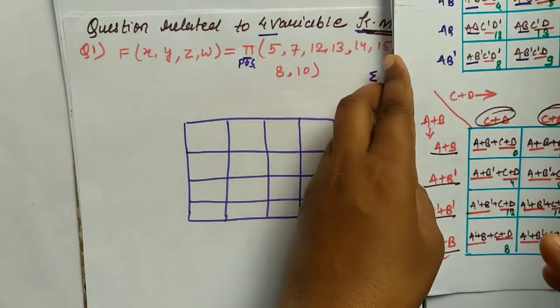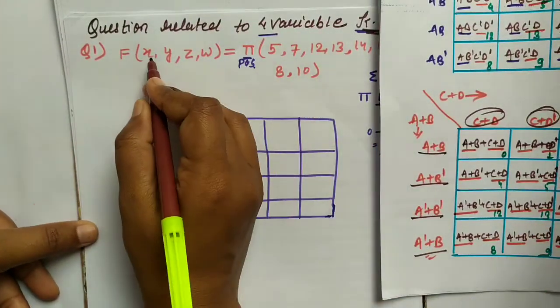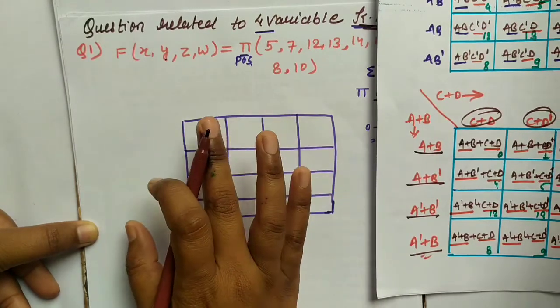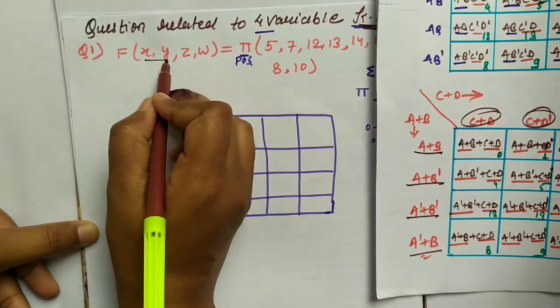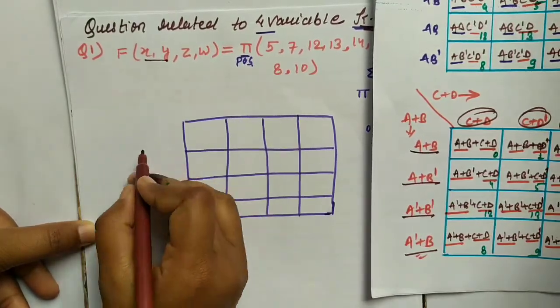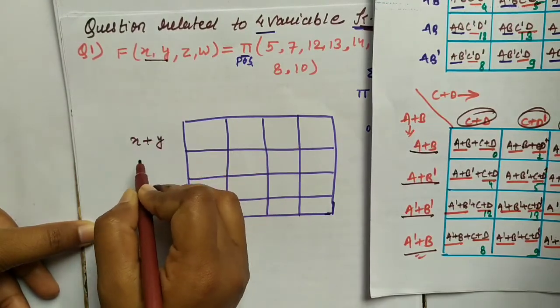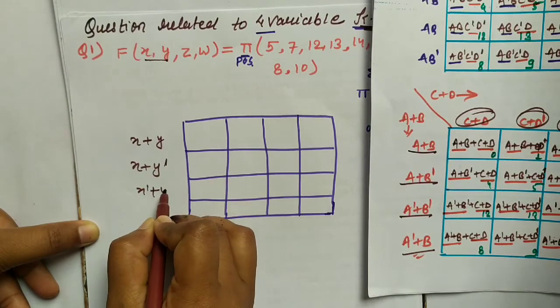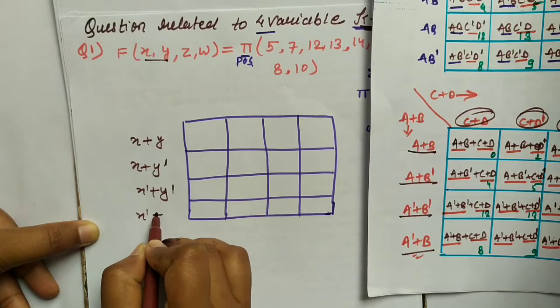So here we write x, y, z, w. We cannot use a, b, c, d, we use x, y. In the row we use x plus y, x plus y dash, x dash plus y dash, x dash plus y.